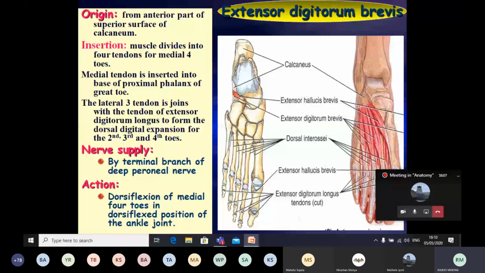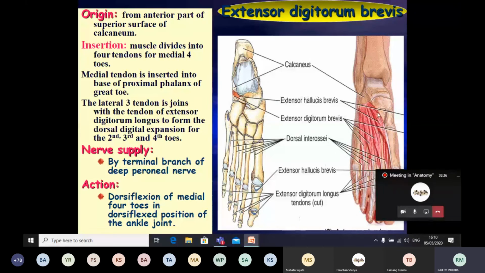There is one muscle present in the dorsum of the foot, the extensor digitorum brevis. This small muscle takes origin from the anterior part of the upper surface of the calcaneum bone. One tendon inserts into the proximal phalanx of the great toe, and this medial-most part is known as extensor hallucis brevis.